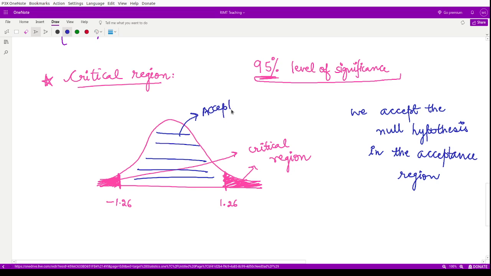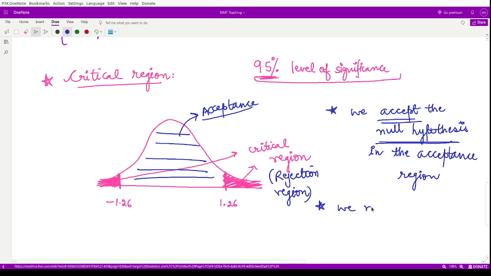If your value lies within this region, we say we accept the null hypothesis. So this is important. Make a note of it. And whenever your value lies in the critical region, which is also known as the rejection region, we reject the null hypothesis.